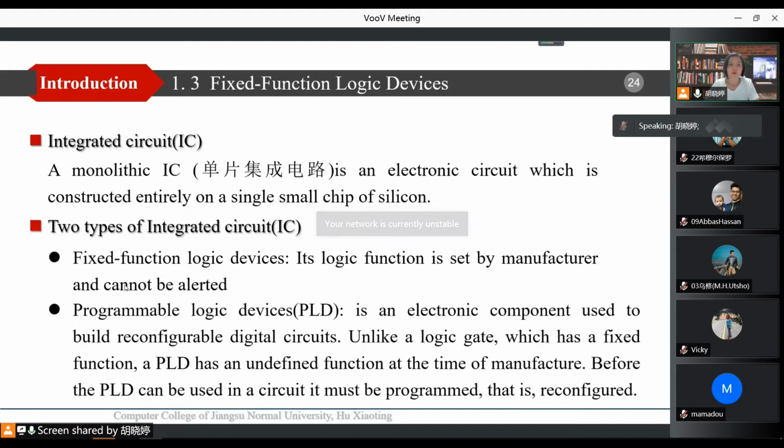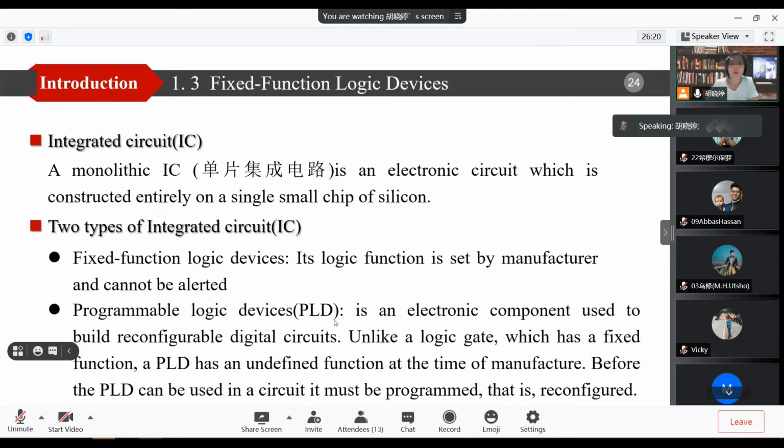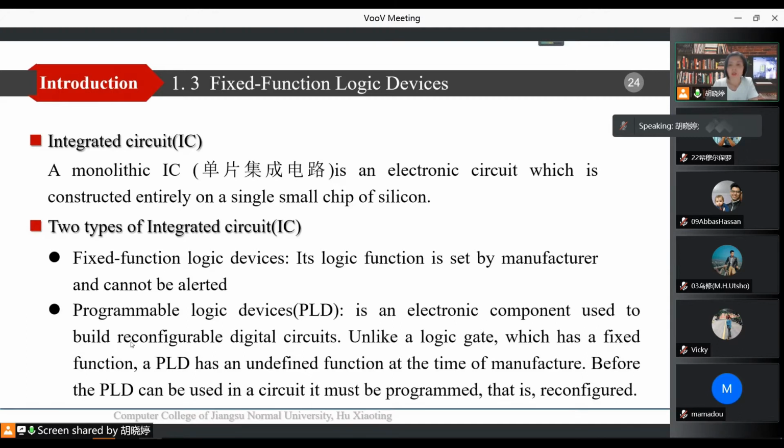Okay, so what is the difference between them? A programmable logic device is an electronic component used to build a reconfigurable digital circuit. So unlike the fixed function logic device, a PLD can be reconfigured.